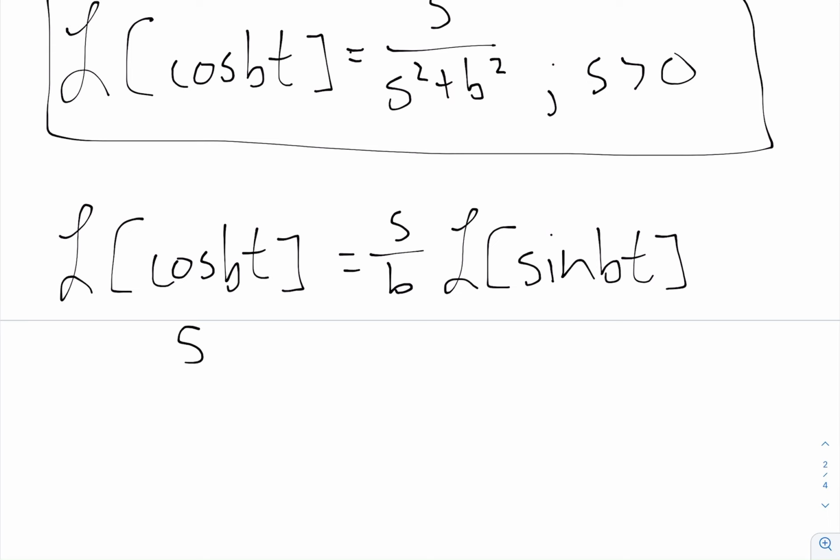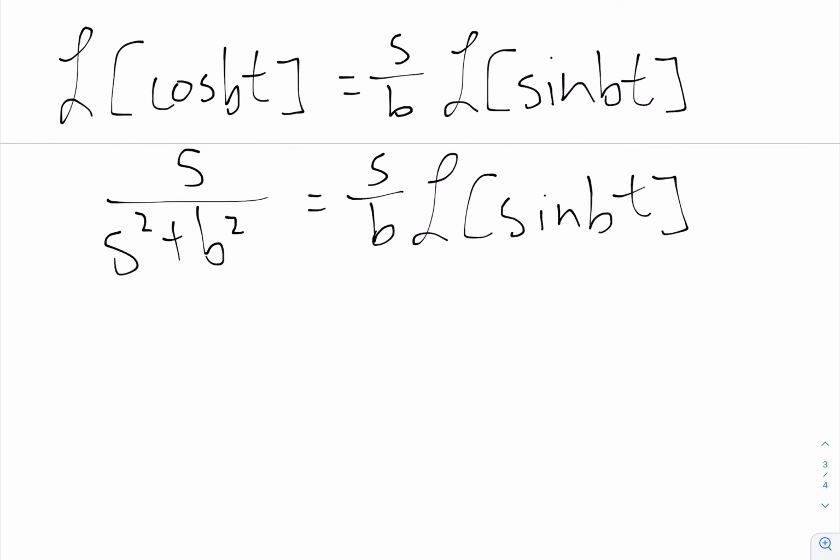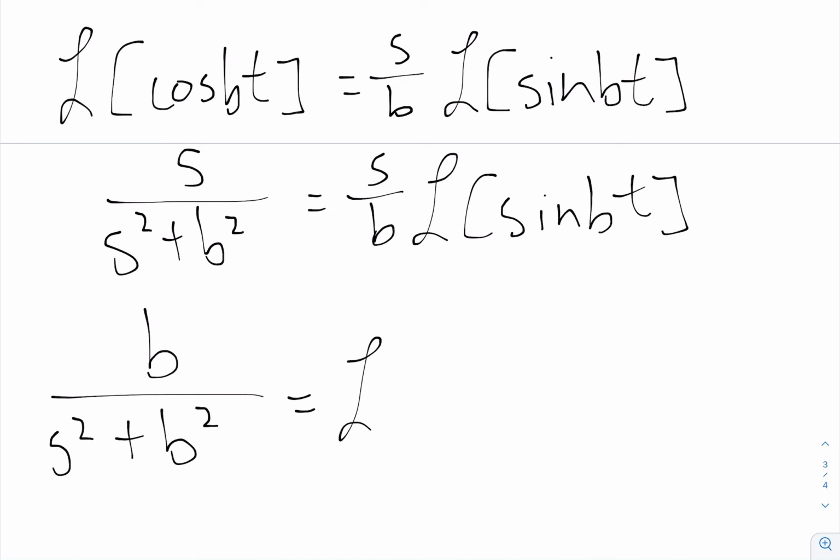So s over s squared plus b squared equals s over b times the Laplace transform of sine bt. And when we divide both sides by s over b, that's just multiplying by b over s. What we'll notice is that this is going to be b over s squared plus b squared. So it's super similar to what we had before, but this is the Laplace transform of sine bt. And same thing here, s is greater than 0.